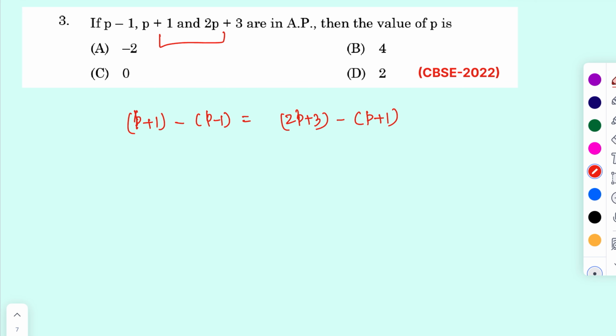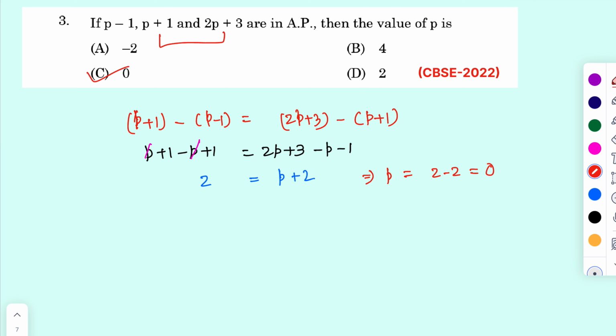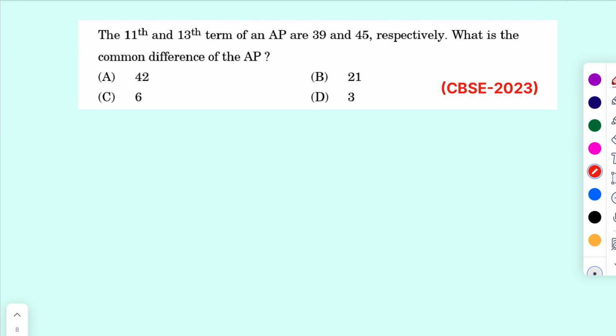So we write this as, simplify it: p plus 1 minus p plus 1 equals 2p plus 3 minus p minus 1. Plus p and minus p will cancel out. So this becomes 2. On the other side, 2p minus p will be equal to p only, plus 3 minus 1, that is plus 2. This implies p is equal to 2 minus 2, which is equal to 0.